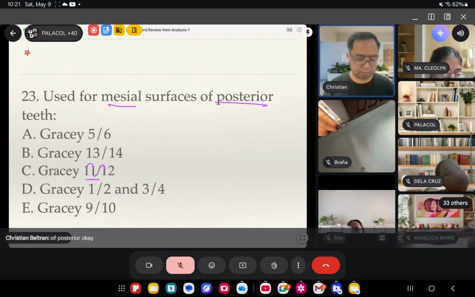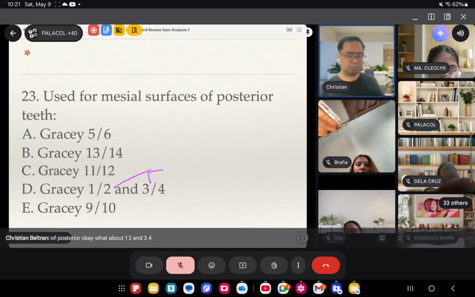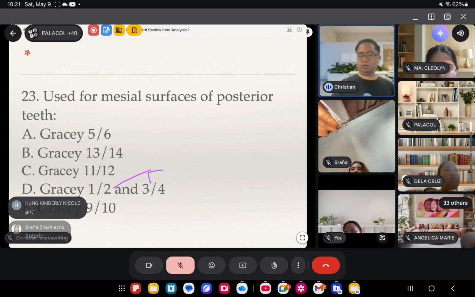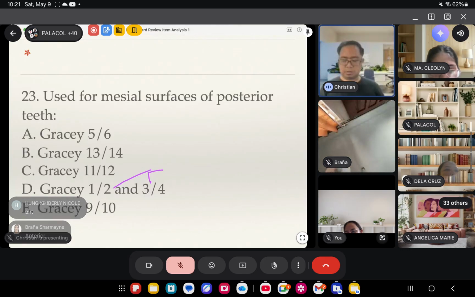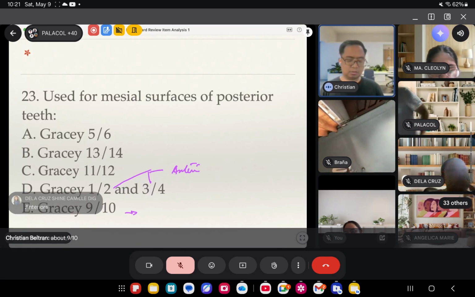Okay? What about 1, 2, and 3, 4? 1, 2, and 3, 4 are for anterior teeth. Tama. Anterior. What about 9, 10?